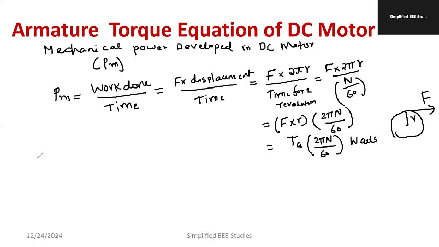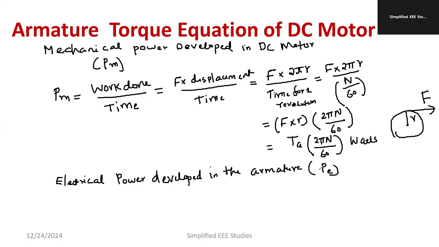Next, I would like to discuss the electrical power developed in the armature, which we write as PE. First we write the voltage equation: V is equal to EB plus IA into RA.